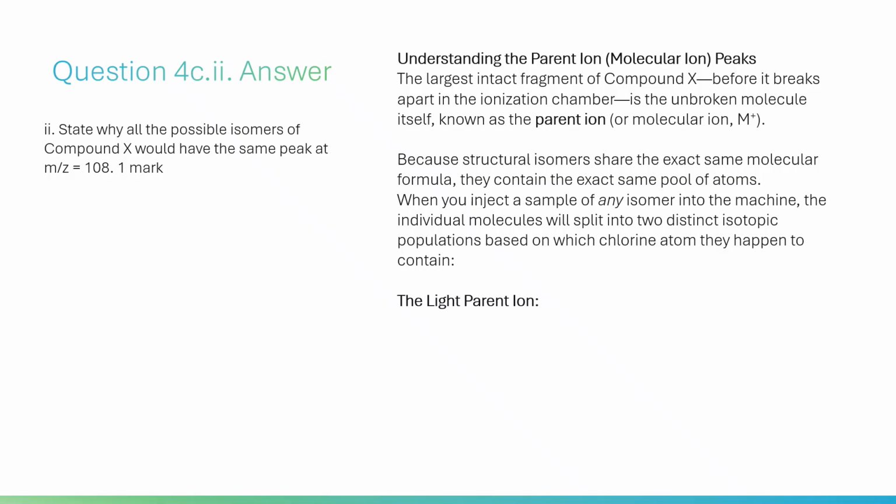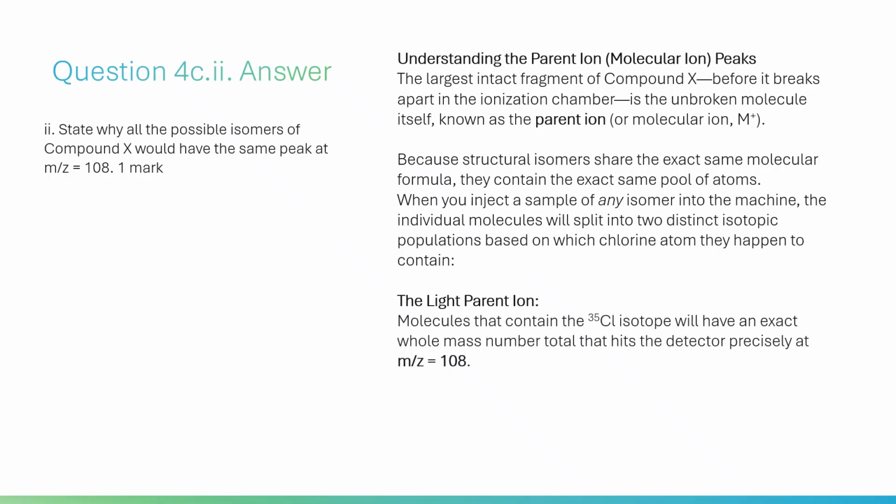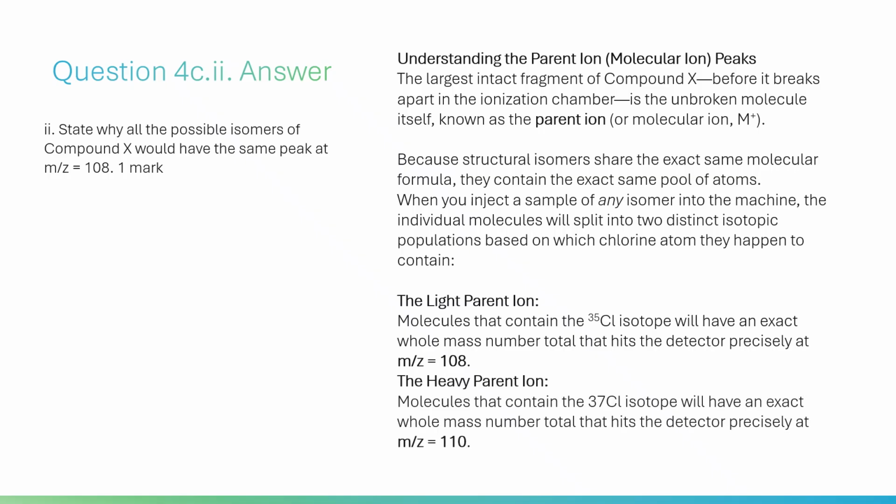The light parent ion, molecules that contain the 35Cl isotope, will have an exact whole mass number total that hits the detector precisely at m/z equals 108. The heavy parent ion, molecules that contain the 37Cl isotope, will have an exact whole mass number total that hits the detector precisely at m/z equals 110.